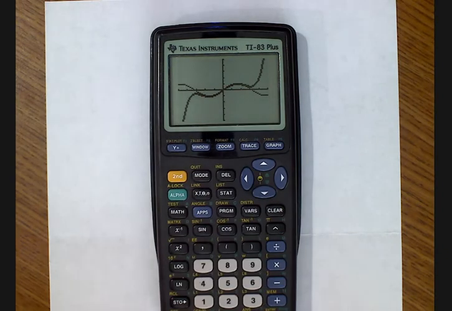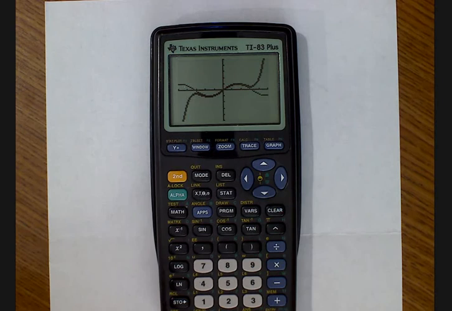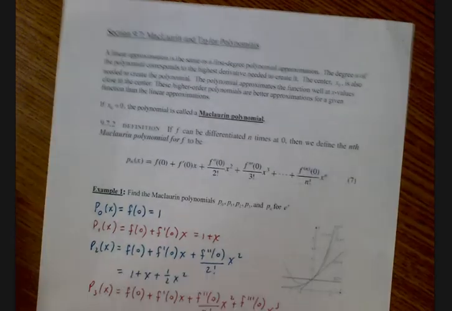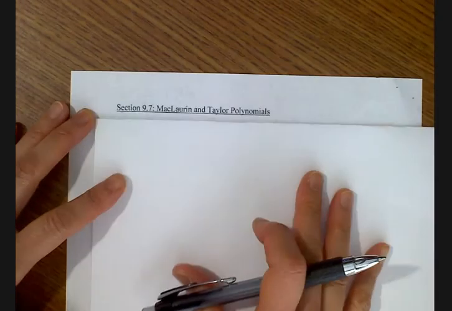If you were to do some discovery on this, you'd be able to see a pattern. There are two famous mathematicians who wanted to figure this out, and just by the title, you can probably guess who they are: Maclaurin and Taylor. Let me give a first name to each.